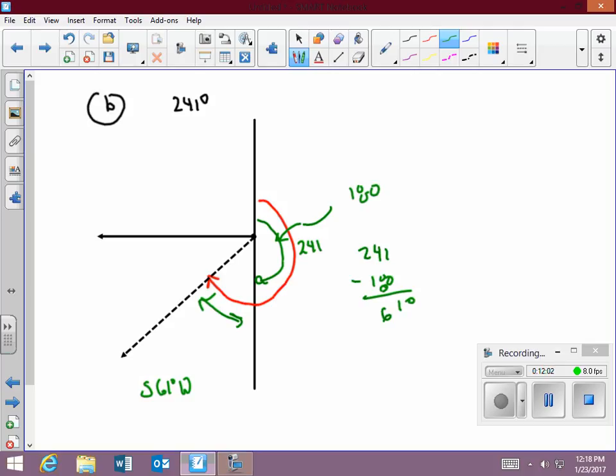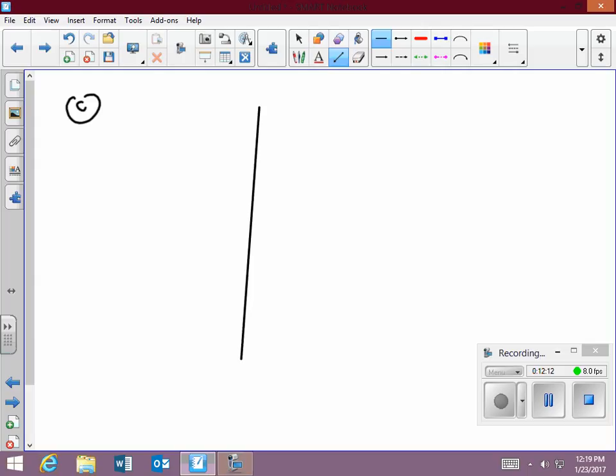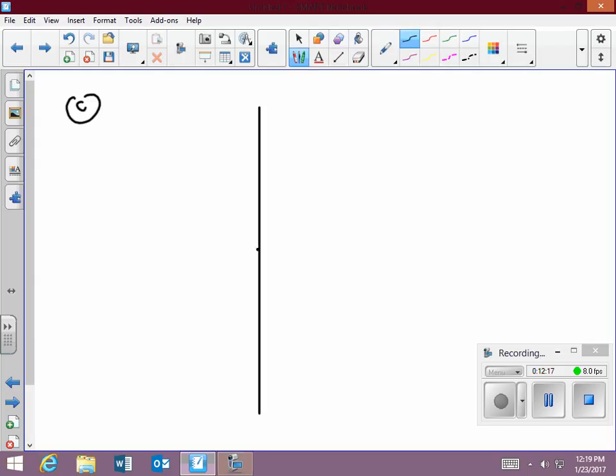Look at C. The next one is 123 degrees 48 minutes. Well, it's less than 180, greater than 90, so that thing is going to be down in this range.